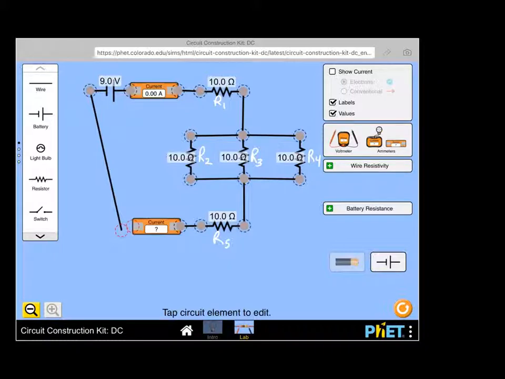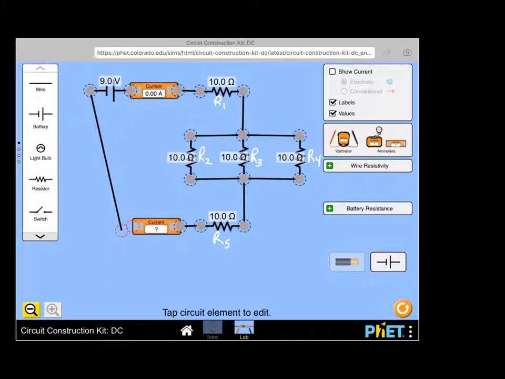Let's make things nice, and let's turn this battery into a 10-volt battery. So what I want you to do is solve that circuit. When we say solve a circuit, that means find out what is the current and voltage through each device.